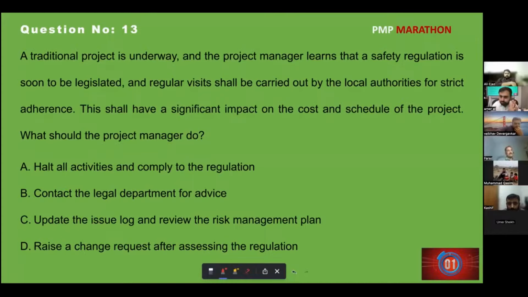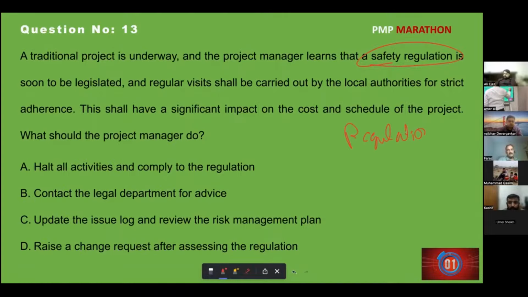The question says about the impact on the cost and the schedule of the project. But how has the impact come? What actually caused that impact? Safety regulations. Kashif, what does regulation mean?